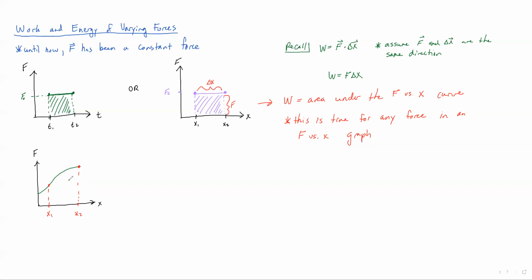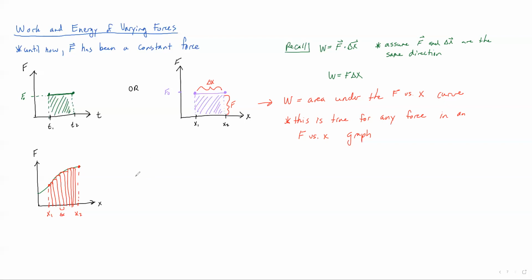Now, how do I find the area of the curve? Well, what you do is you divide it into little rectangles. I'm not very good at drawing rectangles, but you get the gist. And of course, this is the process of integration, where you would take one of these little rectangles and know that that's delta x.